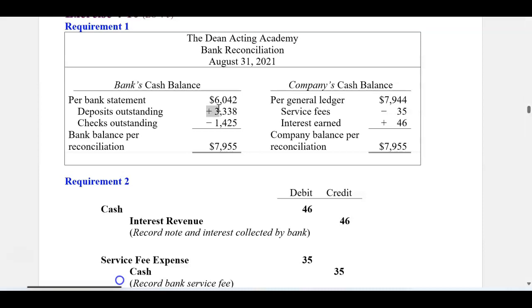So we manually add it in here to your bank balance. That's an add.